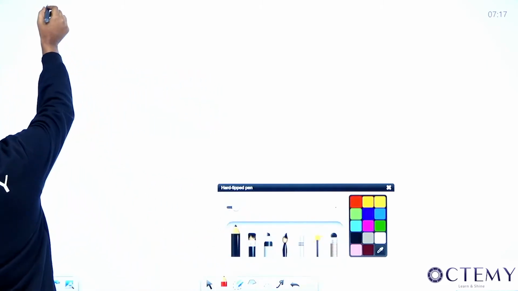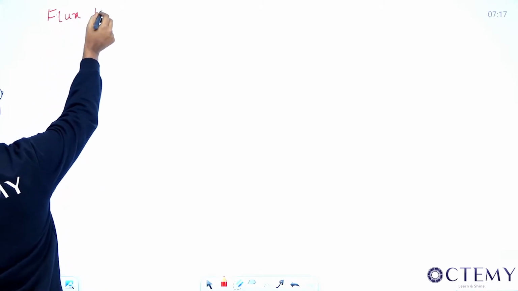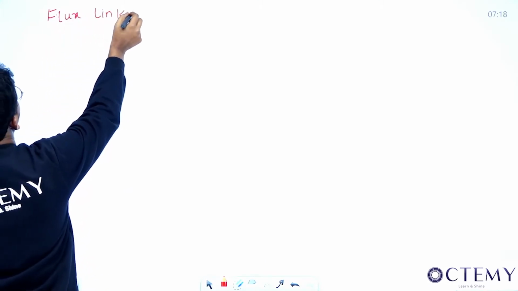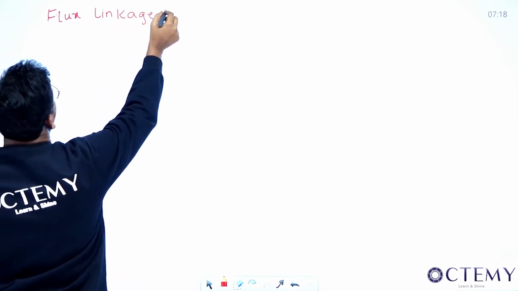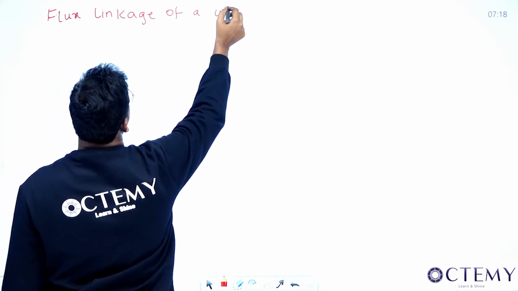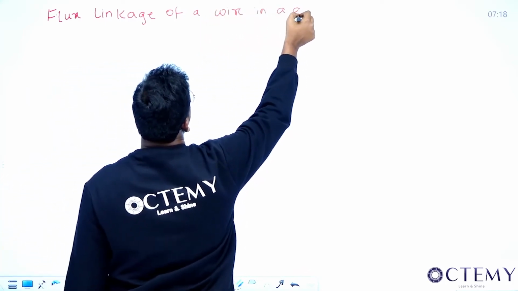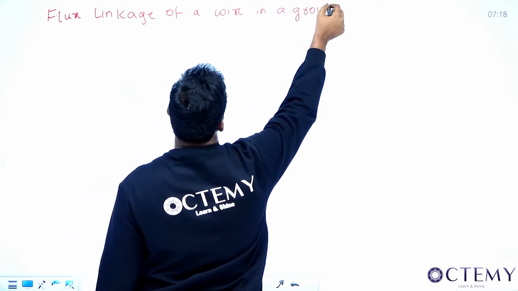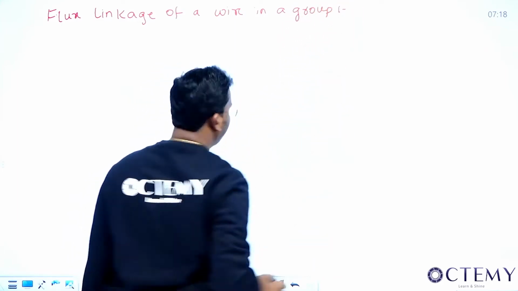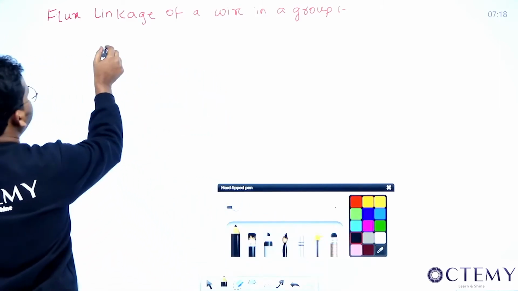That is, let me find the flux linkage of a wire in a group of conductors. Right? So assume that there is a group of conductors like this.